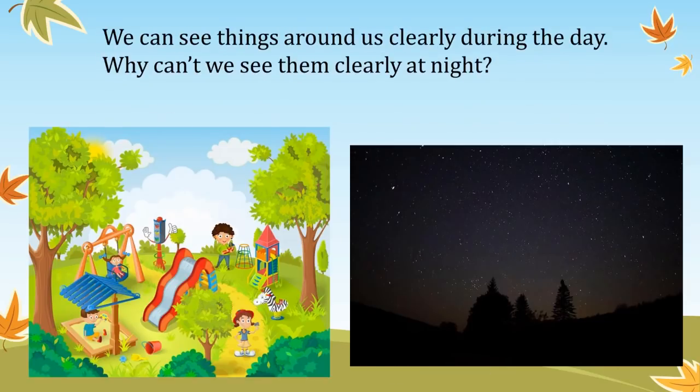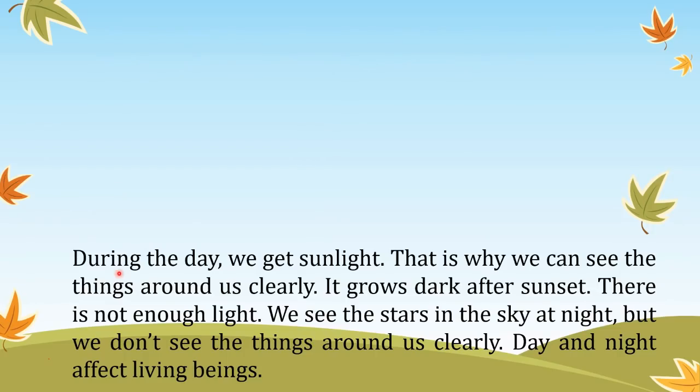So students, we can see things around us during the day. But why can't we see them clearly at night? Very good. Because there is dark everywhere in night. During the day, we get sunlight.